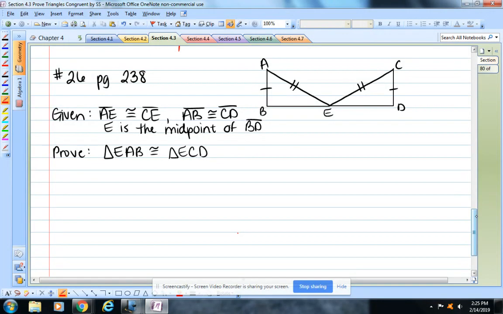And instead of writing it out like this, if you just want to start with statements and reasons, that's fine. Because we know our given is our given. You can just write prove that and then start with statements and reasons. Would that be okay? And draw your picture.